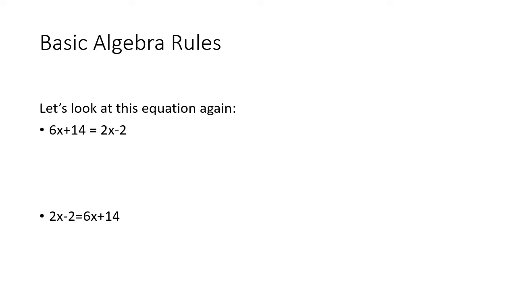So if I move the 2x minus 2 to this side, and I move the 6x plus 14, I'm sorry, to the other side, then it does not change the balance of the equation. They're both still equal. That's fine to do.